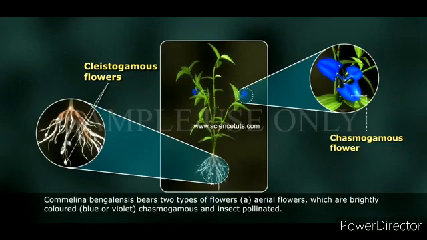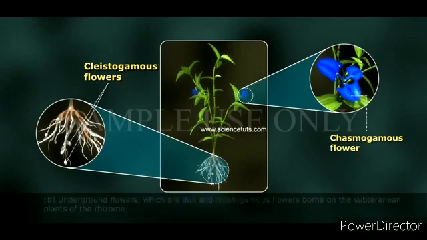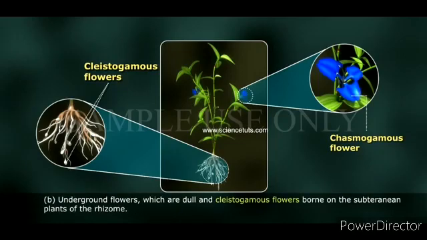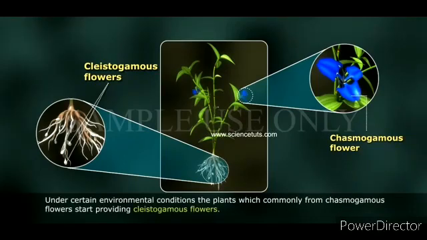A. Aerial flowers, which are brightly colored, blue or violet, chasmogamous, and insect pollinated. B. Underground flowers, which are dull and cleistogamous, borne on the subterranean parts of the rhizome. Under certain environmental conditions, the plants which commonly form chasmogamous flowers start producing cleistogamous flowers.